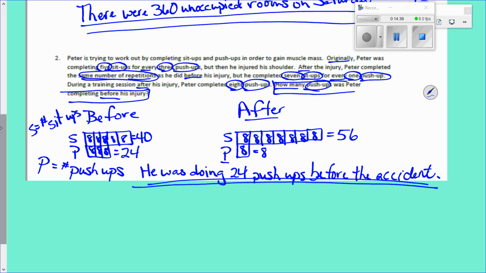There's our answer. Do we need to do anything else? Anything else we need to do, guys? Nope. That's everything. It's starting to make sense.